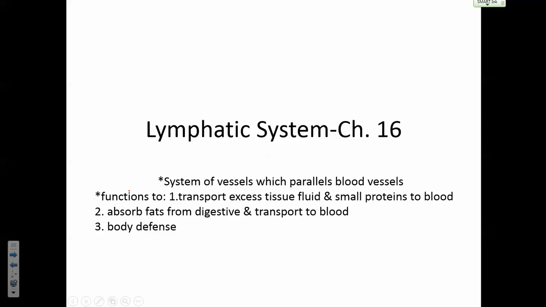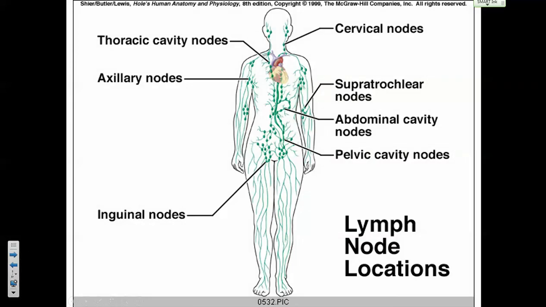All right, and so if we look at it structurally, you can see here these green vessels are various lymph vessels of the body. Of course, there are a lot more than is shown there because a lot of them are microscopic, but they pretty much parallel your blood vessels. So if you have an artery and a vein, there's going to be a lymph vessel there too.